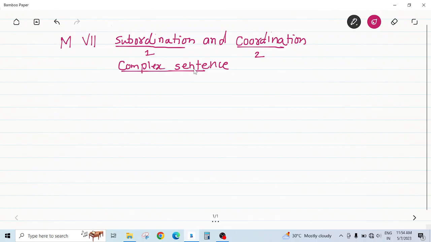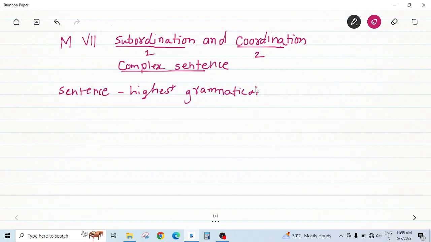Now, you know that sentence is the highest grammatical unit, and many times we have talked that the word comes at the bottom, then above it phrase, above it clause, and above it sentence.